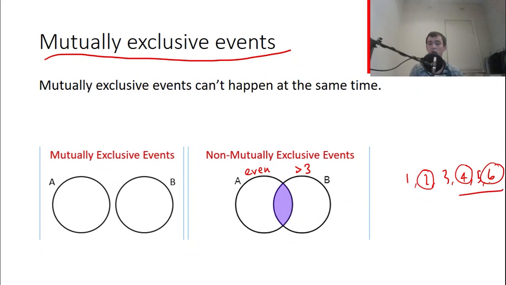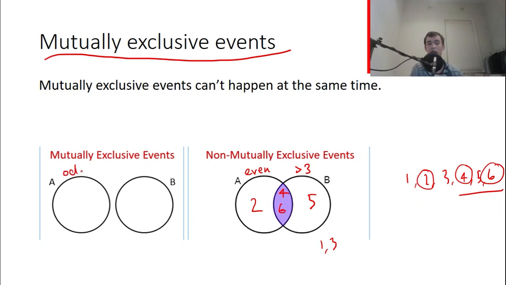So 4 and 6 are both of them at the same time. And bigger than 3, we've got 5. Even numbers, we've also got number 2, and then we're left with 1 and 3 on the outside. So this is not mutually exclusive because you can have both of them at the same time. Mutually exclusive is you can only have one of them at the same time.